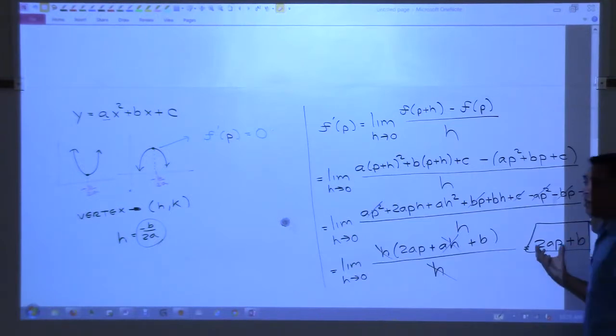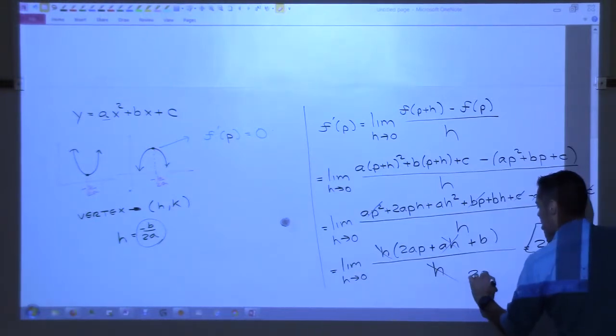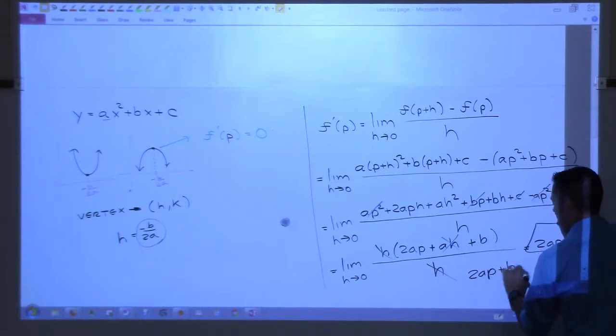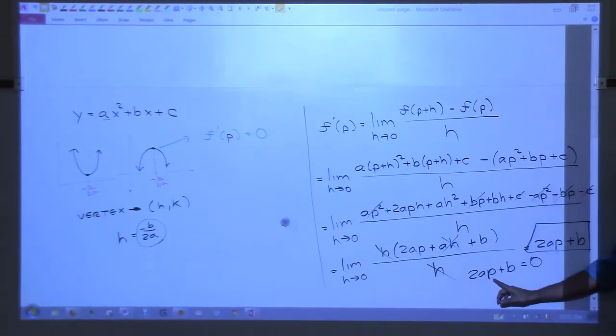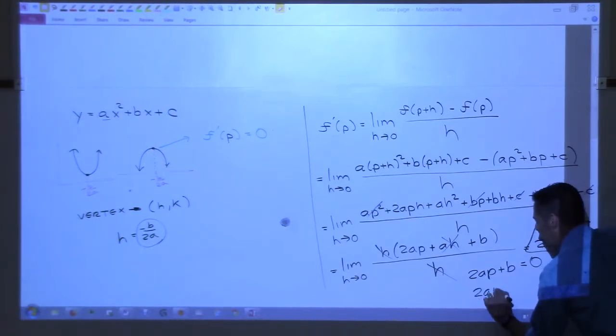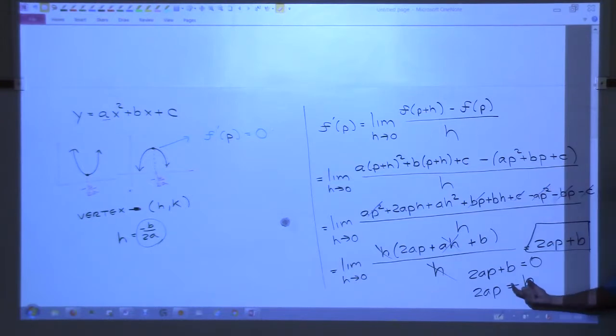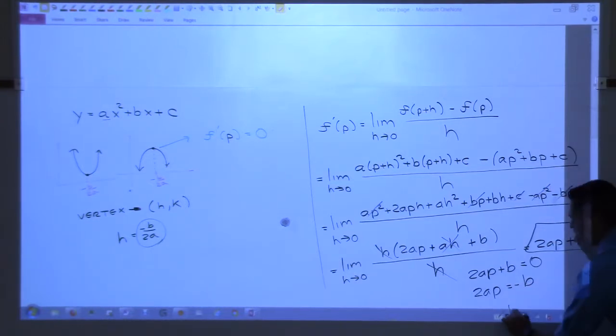I would love to know when this is 0, wouldn't I? So why don't I set this equal to 0? What happens if I set that equal to 0 and solve for p, because p is where I need to be, right? What happens? Negative b, so I get 2ap equals negative b, and now divide by 2a, and you get p equal to negative b over 2a.